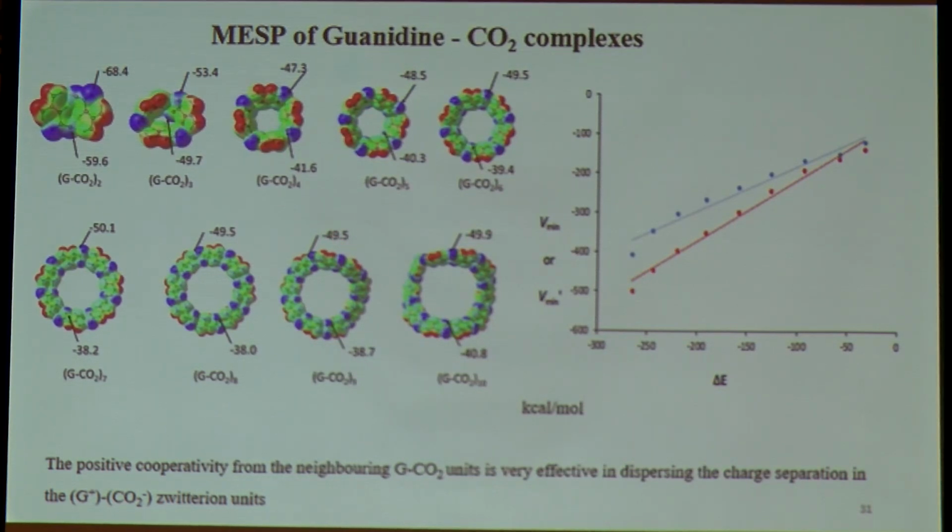This indicates that it is more and more delocalized because multiple hydrogen-bonded carboxylate units are formed, which are again hydrogen bonded with the guanidine NH bonds, and then it is totally delocalized. From the most negative to the least negative electrostatic potential minimum, the maximum interaction energy is formed. So this indicates that it is the delocalization because of this cooperative hydrogen bonding which stabilizes the structure.